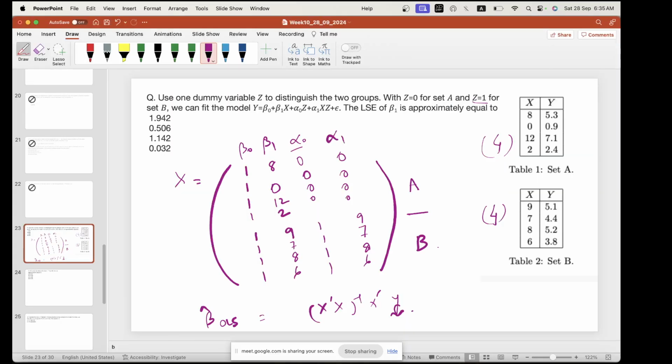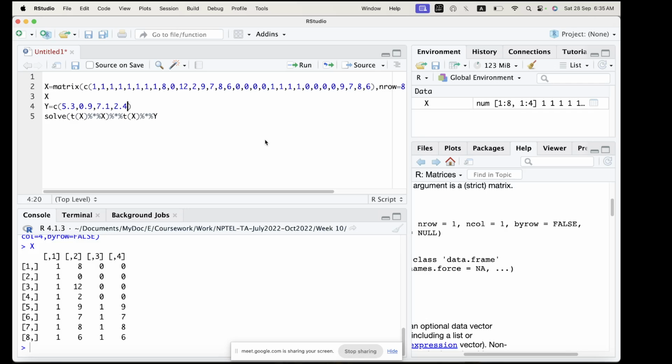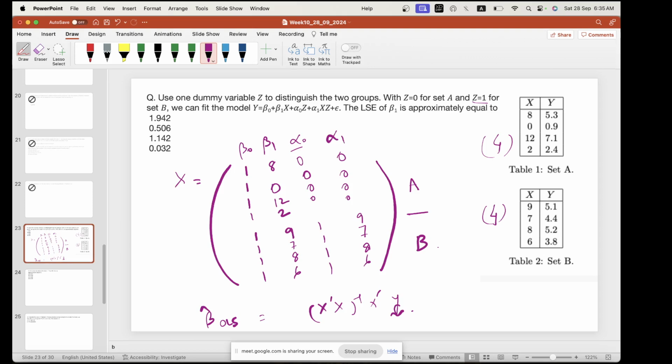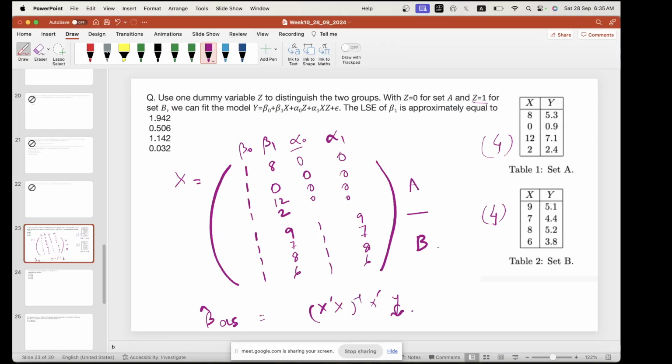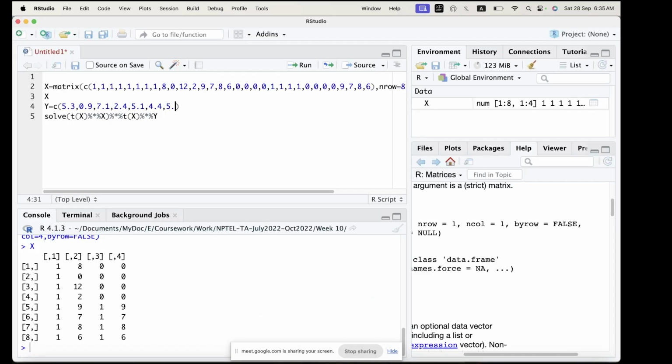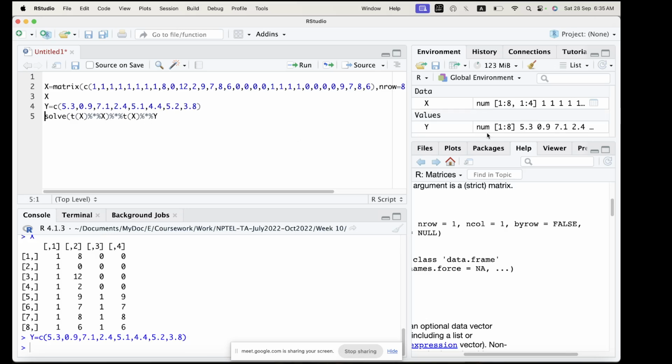Okay, and then again here 5.1, then 4.4, then 5.2, and then lastly 3.8. So I have run this, this is y, and now this is going to give me my beta.